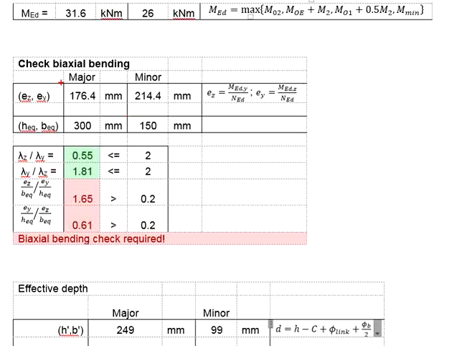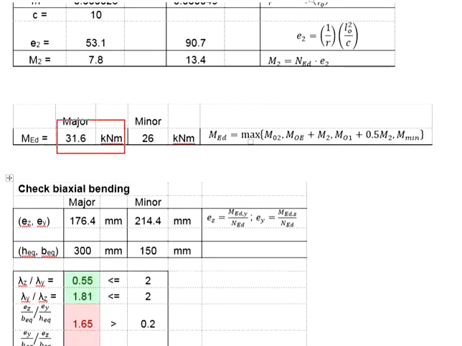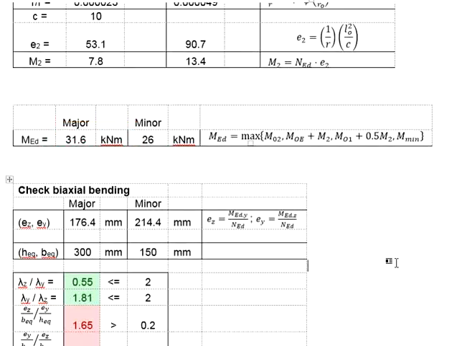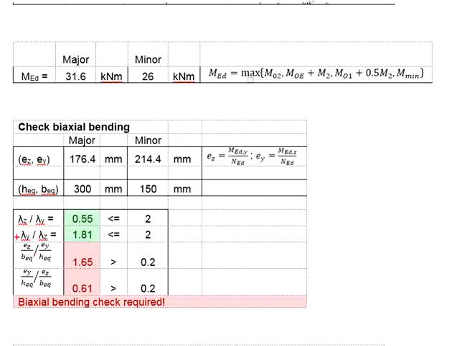That gives you 176.4 mm. To calculate the EY, you need MEDZ, 31.6 kilonewton meter, divided by NED, which is 147.36. That gives you 214.4 mm.